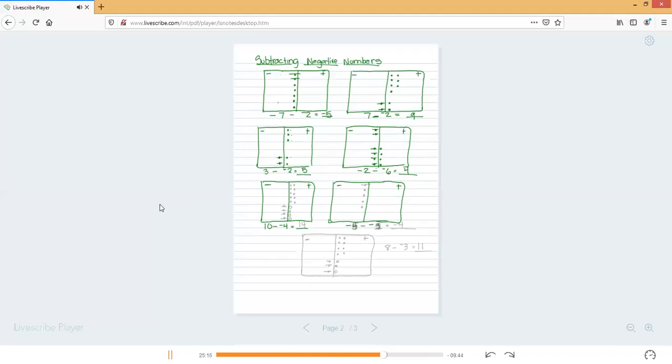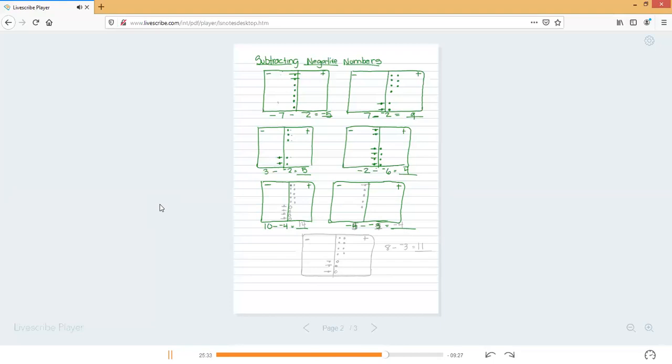So I'm taking away negative 1, so all I have to do is cross one of them out, and it's going to leave me with negative 4. I'll do one last example for this type of problem. Again, subtraction tends to be the most interesting.